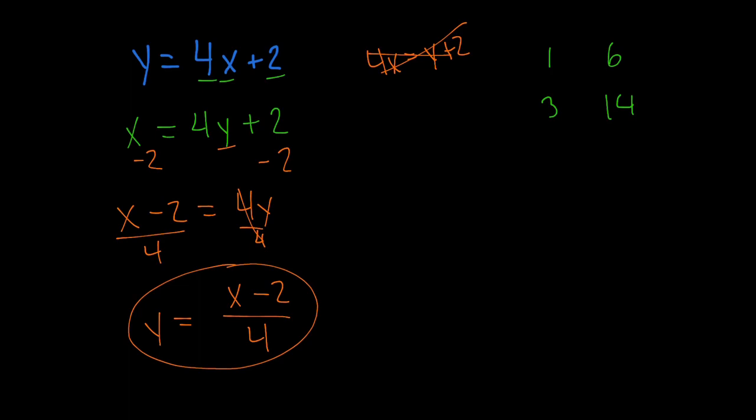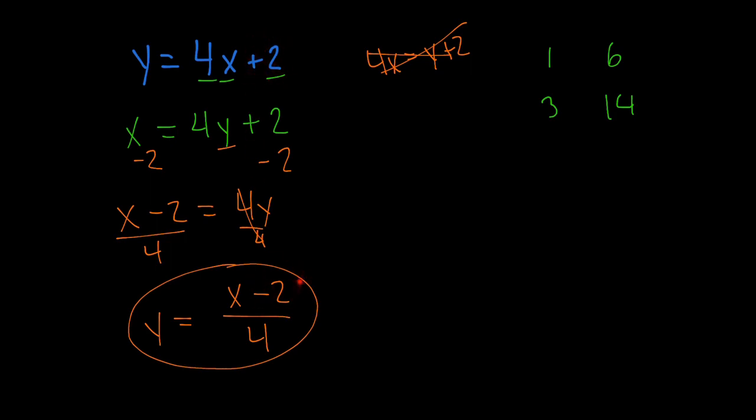Let's look at a couple different things here. The first thing in our original function that we did was multiply x by 4. The last thing we do to that here is divide by 4. So if we multiply by 4 in our original, we should see dividing by 4 in our inverse. The last thing we did was add 2 in our original.